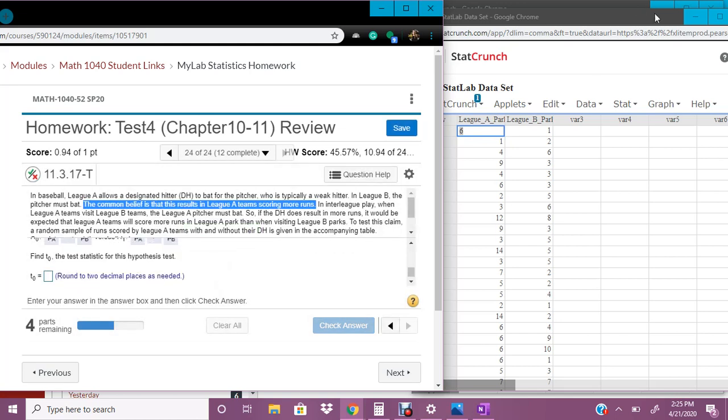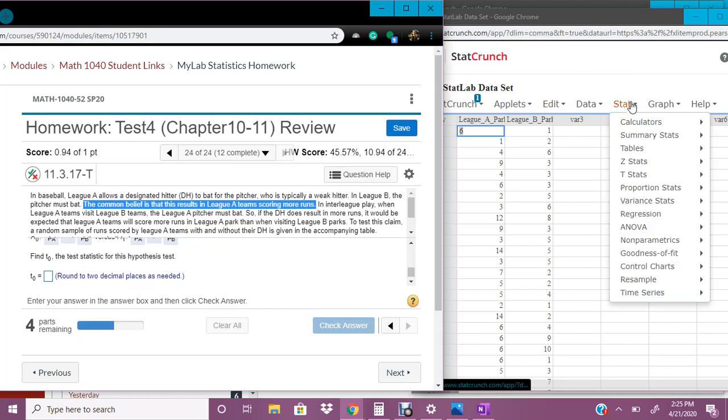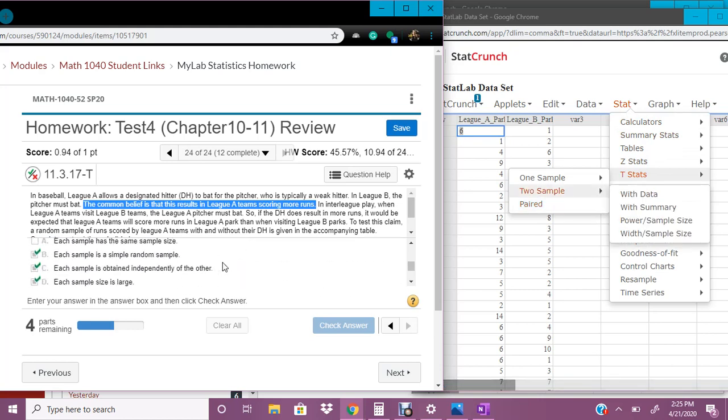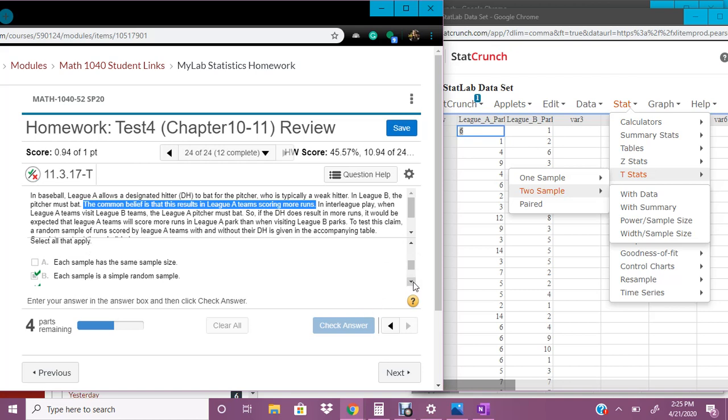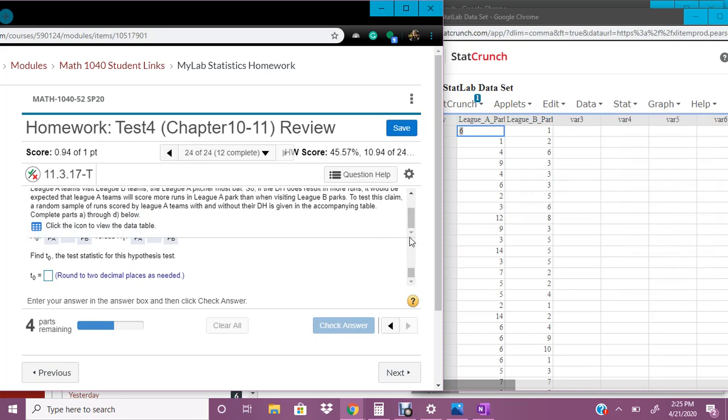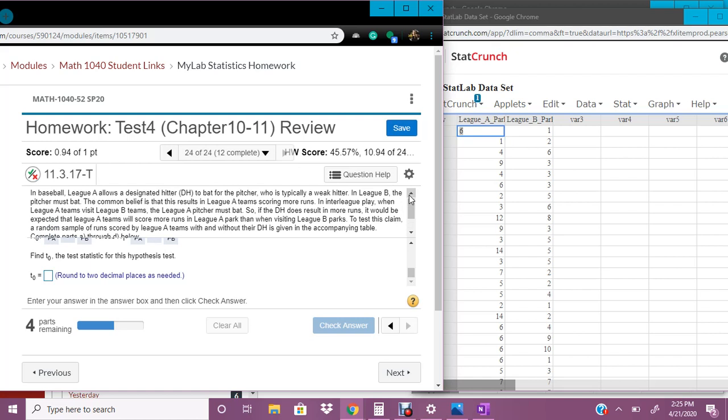Find the test statistic. So we're going to go to Stats, and T Stats is where we find our means, and it's 2 samples. It's not paired because when we were identifying the qualifications, we said that each sample is obtained independently of each other. At first you think, oh, maybe the teams are playing each other and therefore they're dependent, but that's not what it says.